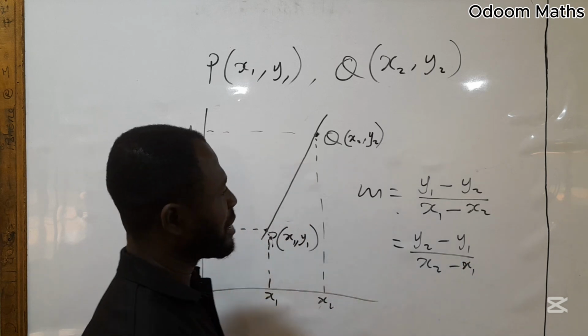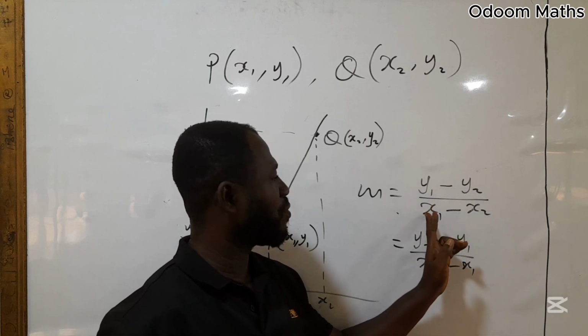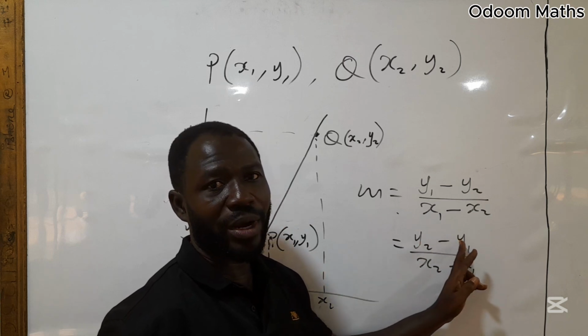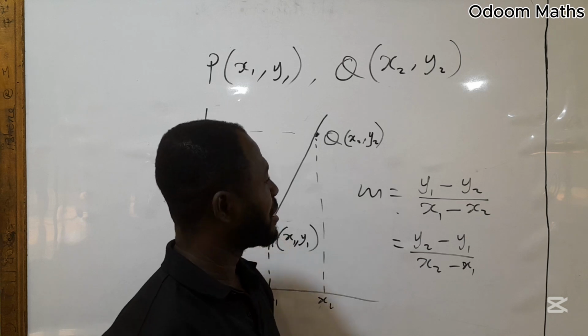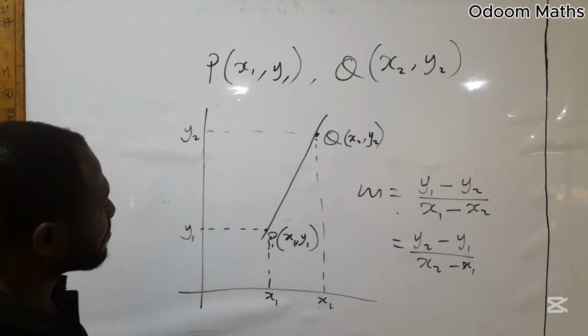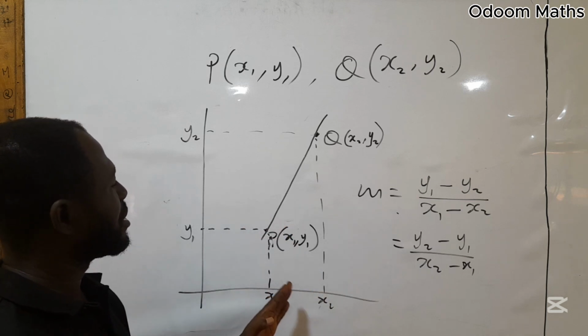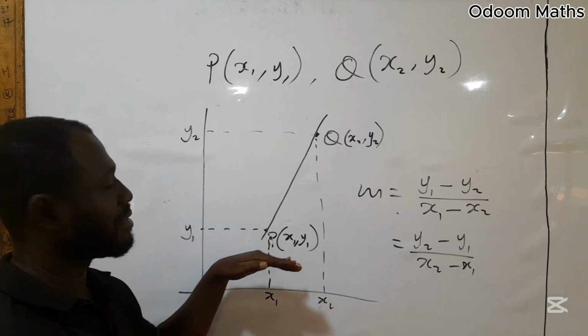So please, it's either y1 minus y2 over x1 minus x2 or y2 minus y1 over x2 minus x1. So that is the y's over the x.